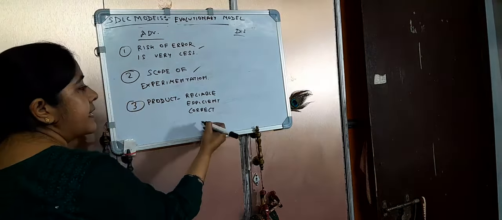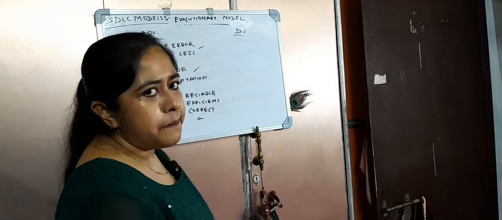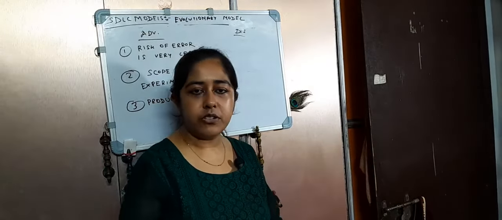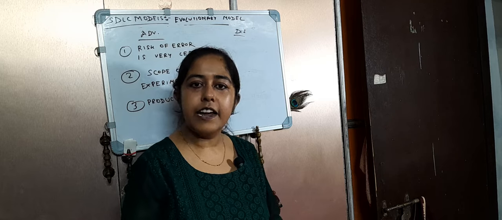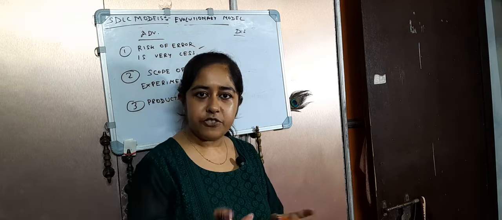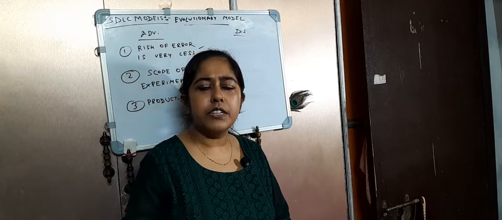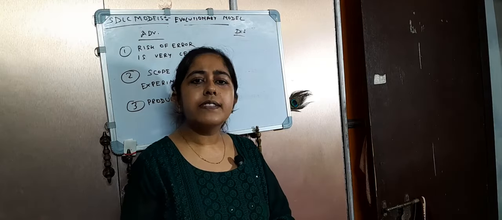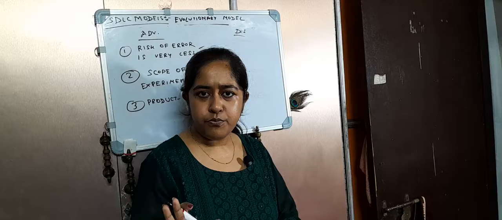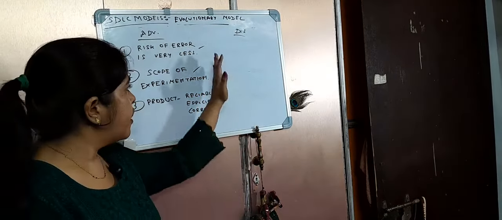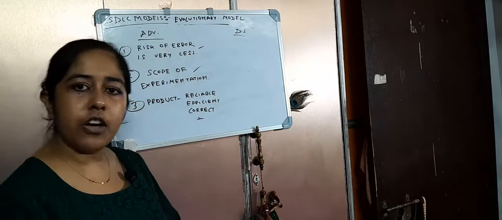Whatever requirements are there, they will be fully satisfied, as your customers are constantly in interaction with you. So whatever they need, when you are delivering the product, all those things are fulfilled in that project, or your software. So these are mainly the advantages here.